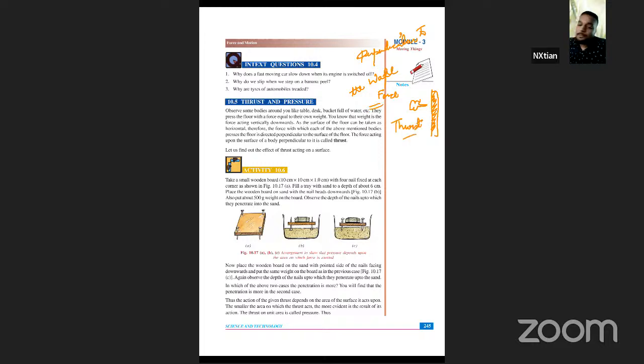So any force which is perpendicular to the surface. Repeat after me: any force which is perpendicular to the surface.